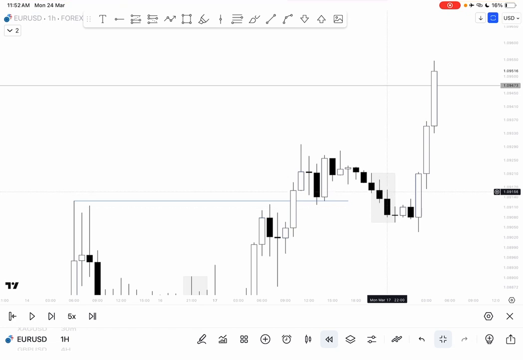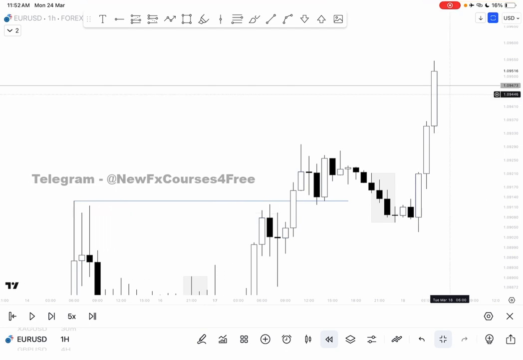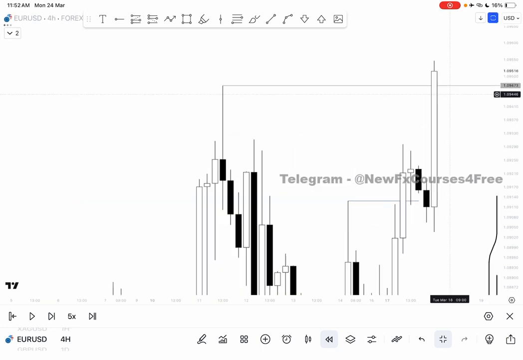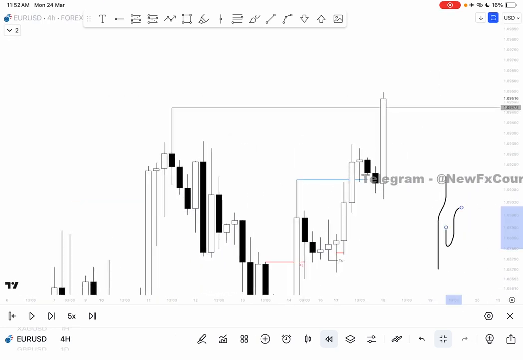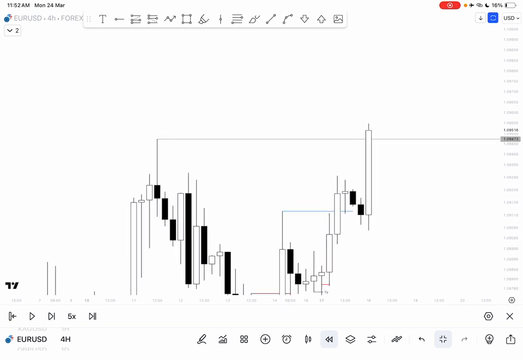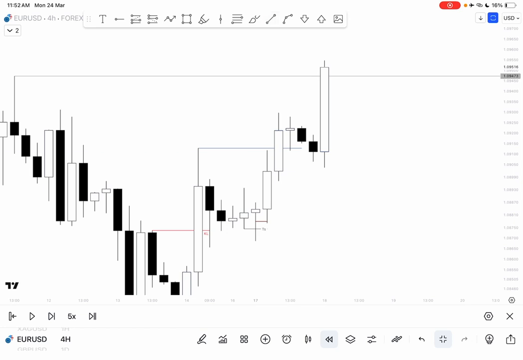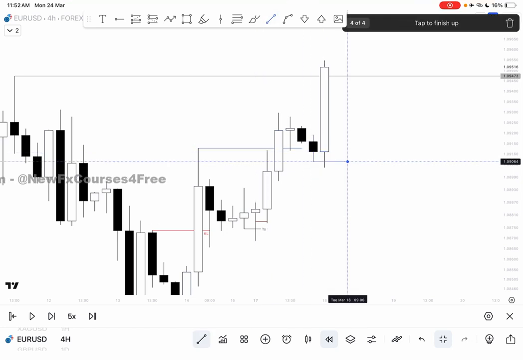So we just ranged at the key level before a key time, then expansion occurred. So we got our 4-hour candle range here. This was the single candle range here.